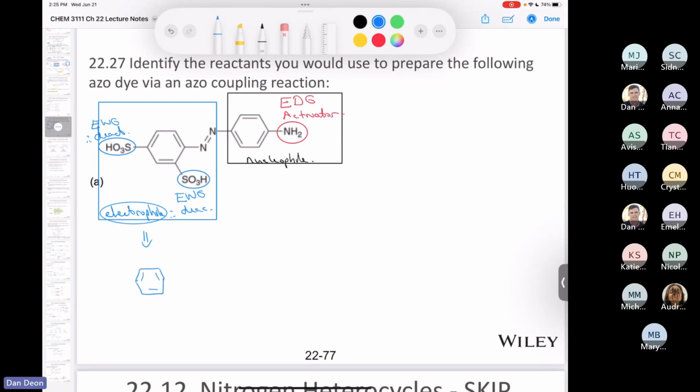We're going to have our sulfonic acids, and then you've got the diazonium ion, because that's the electrophilic part. If it's got a positive charge, it's an electrophile. And your nucleophile is going to be the aniline, this compound here.